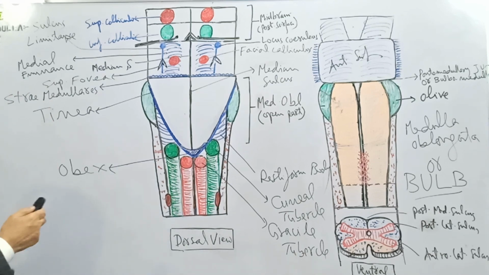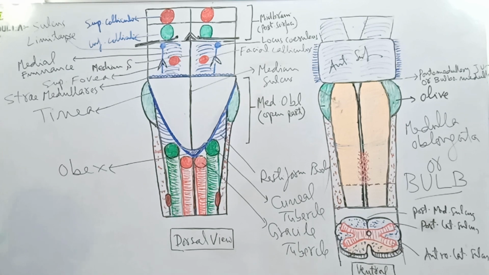Can you see here, in the middle of the posterior surface of the pons, there is a sulcus known as the median sulcus. And this median sulcus of the dorsal surface of the pons is continued as the median sulcus of the open part of the medulla oblongata because it is in the median plane.